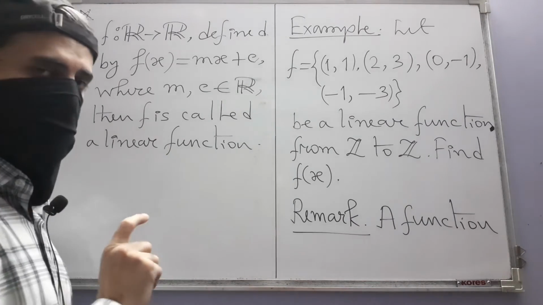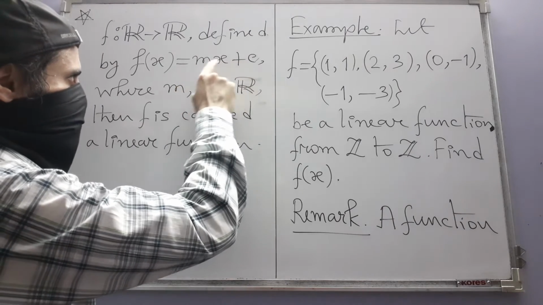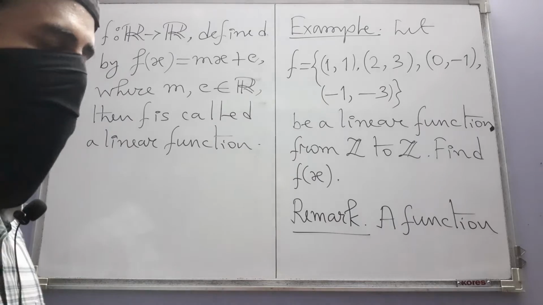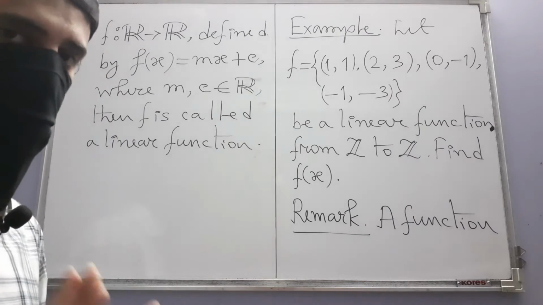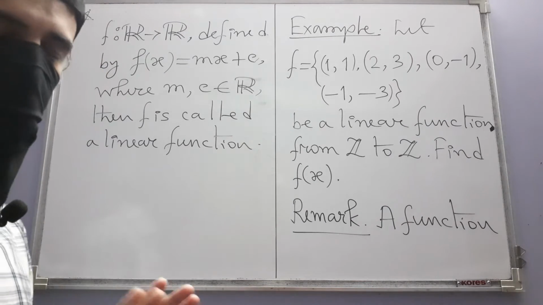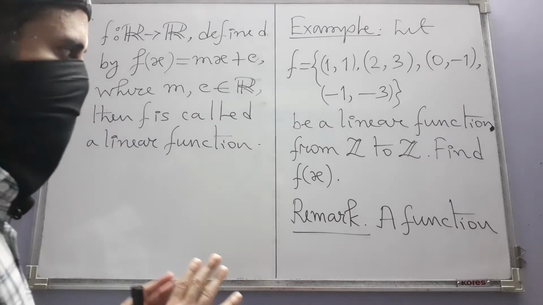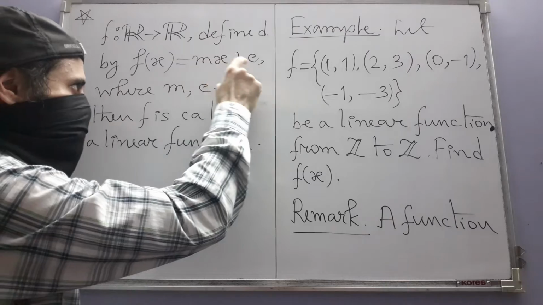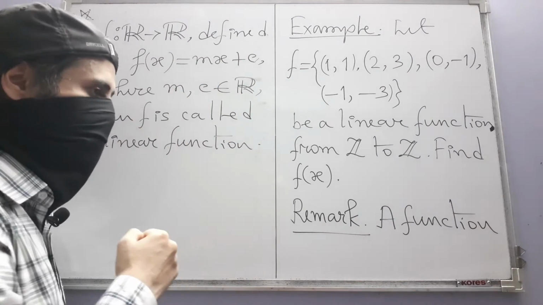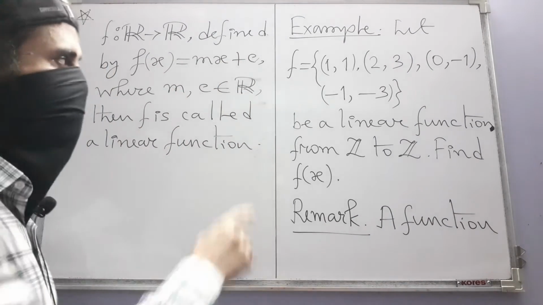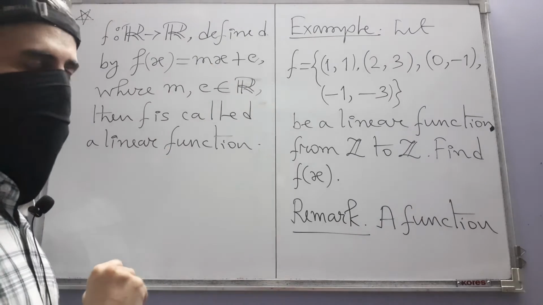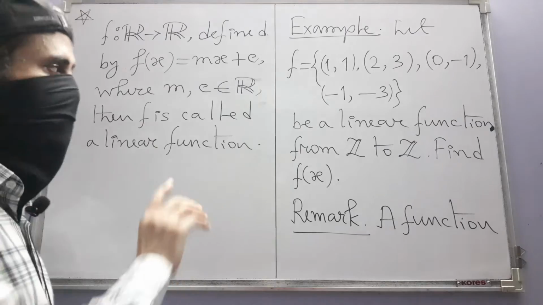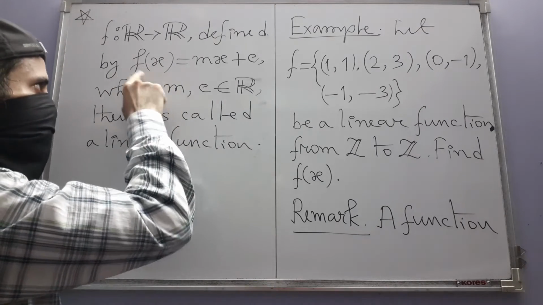Actually, the sense in which these quantities are constants is that you have to make a choice of this. They are also variables. Strictly speaking, they are not the type of constants that 2, 3, these things are. M and C are also variables, but they are a different type of variable than X. You have to make a choice for M and C to have a function f here.